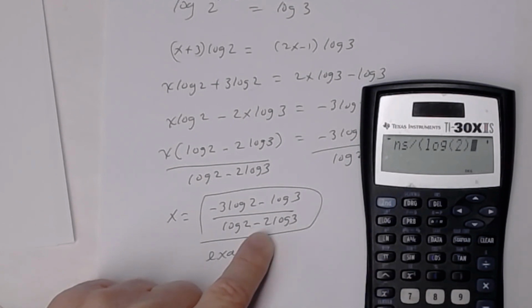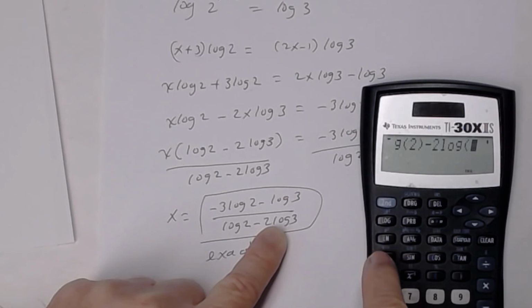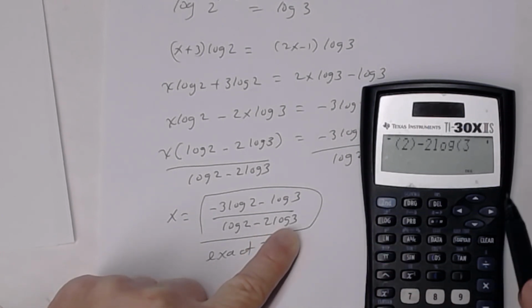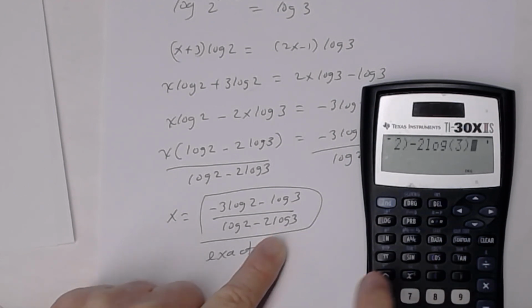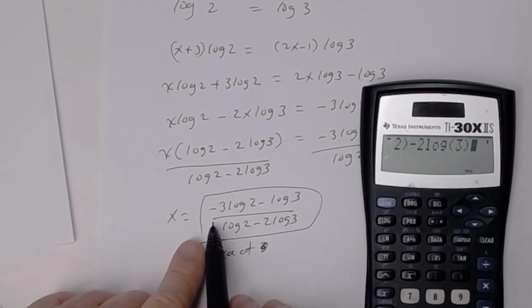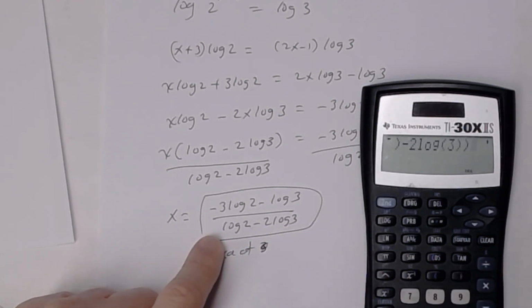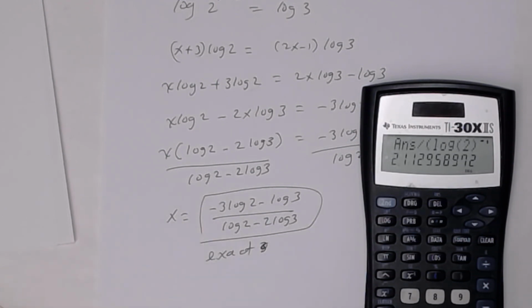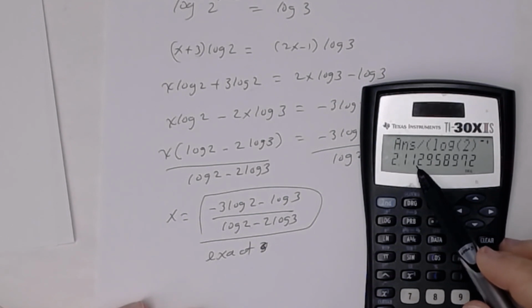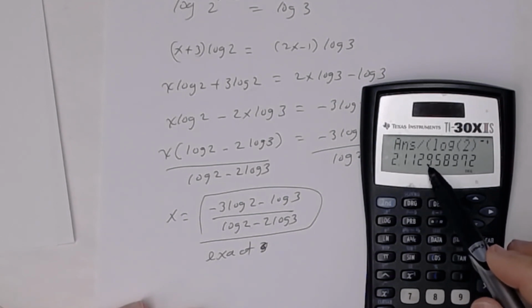Subtract 2 log of 3. Don't forget to close the parentheses with a 3. And then remember, don't forget to close that original parentheses that you put. All right, and then press equal, and you are done. So to the thousandths place, that's going to be a 3 right here, because that's 5 or greater.